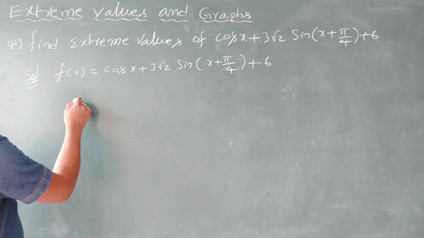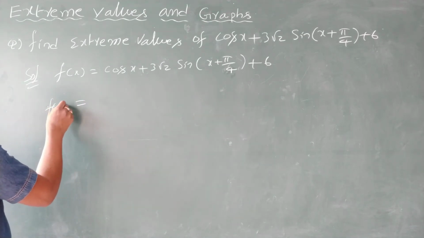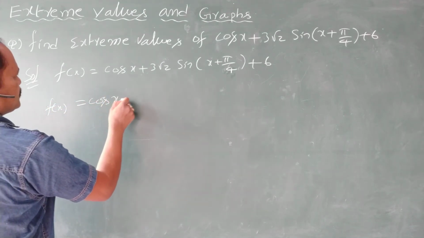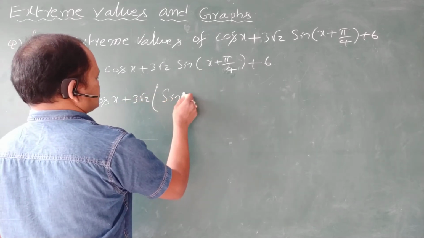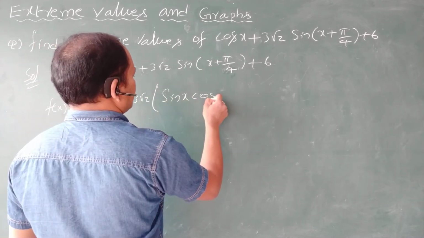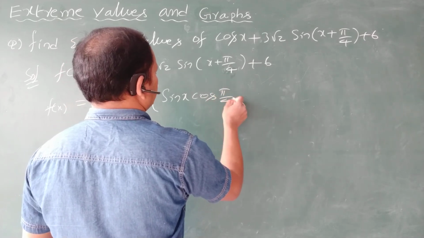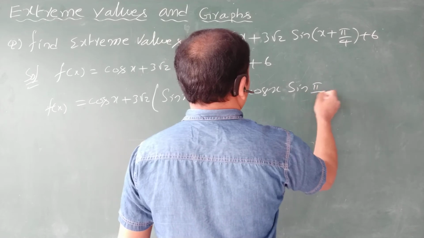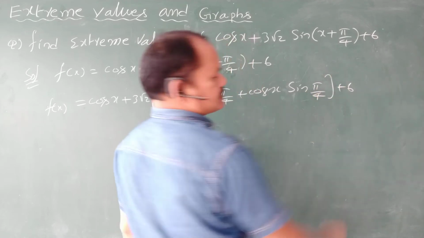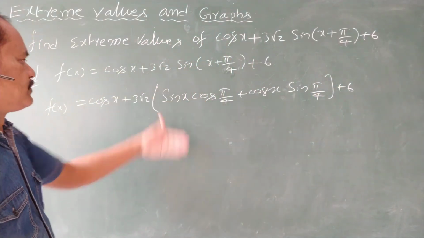Now this can be written: f of x is equal to cos x plus 3 root 2 times (sin a cos b plus cos a sin b), that is sin x cos 5π/4 plus cos x sin 5π/4, plus 6, according to the sin a plus b form.